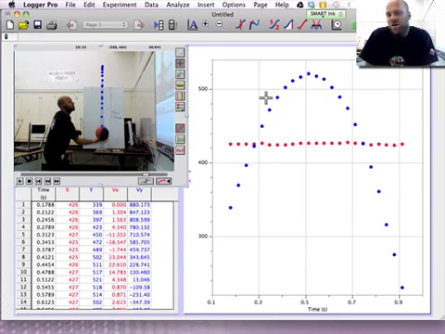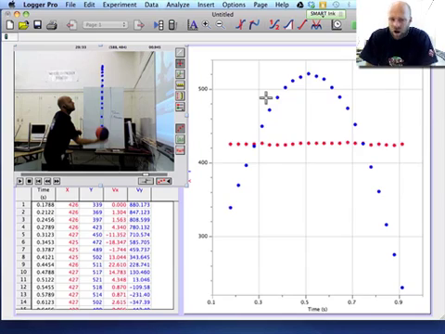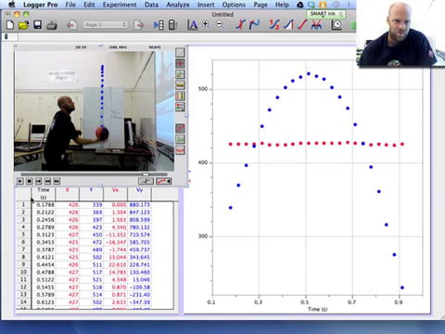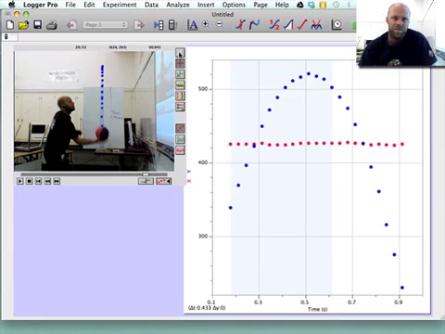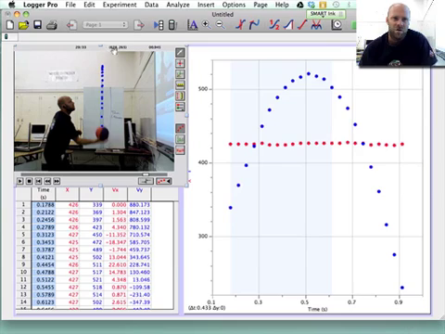Because a video camera automatically measures time, all these times are just the time recorded from the video camera. These positions right now, try to figure out what those mean. If you look up here, you'll probably be able to figure it out.